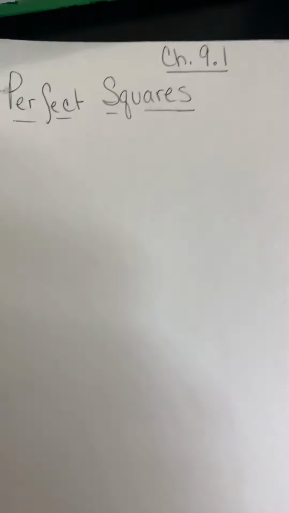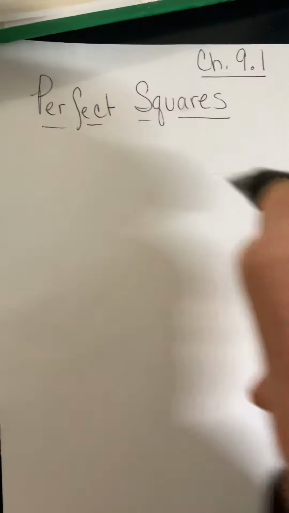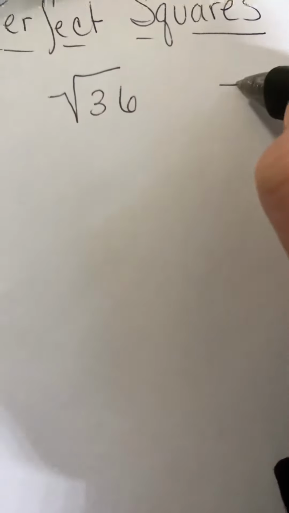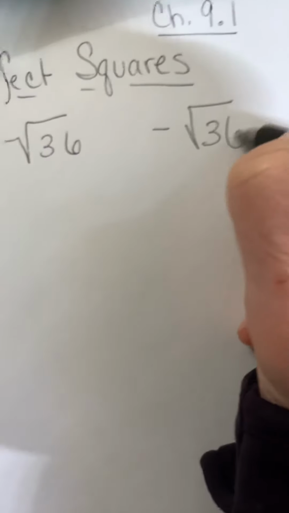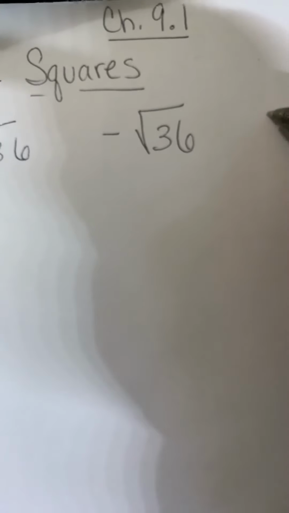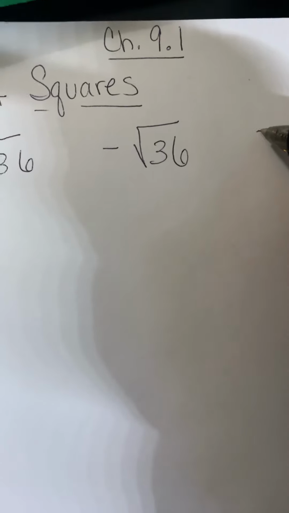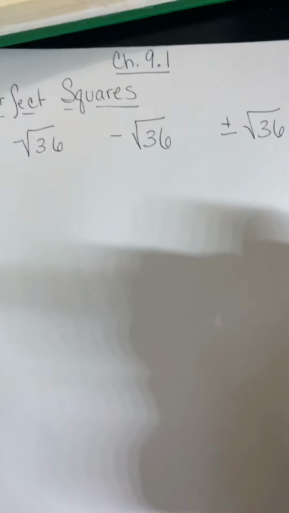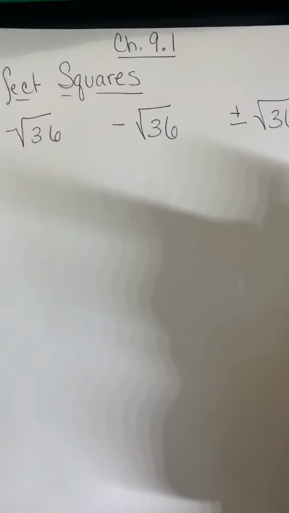I want to make sure that you understand there's a difference between the square root of 36 and the negative square root of 36. And when you see positive negative square root of 36, all of those are asking for something different.